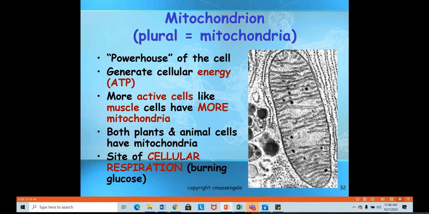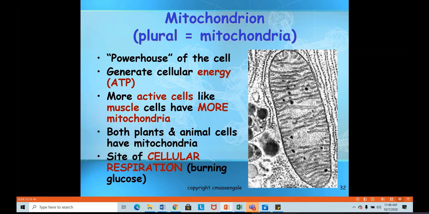Similarly, as you can see in your book, muscle cells, for example, are tightly packed with mitochondria. Similarly, the sperm cells, which are present in males, need energy to swim to the egg. So even they contain a lot of mitochondria. And neurons, our nerve cells, carry stimuli to various organs in our body. That means they carry orders from the brain to the various organ systems in our body.